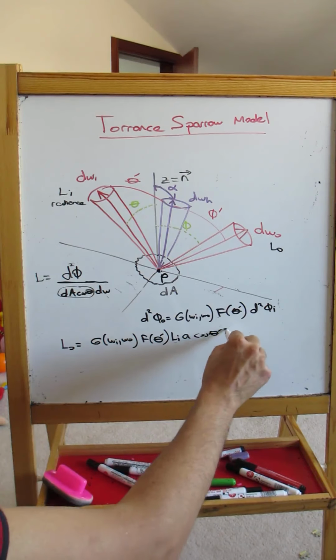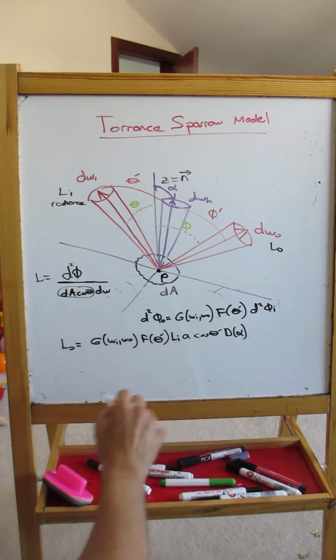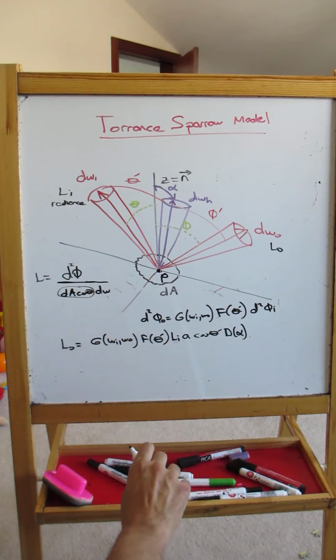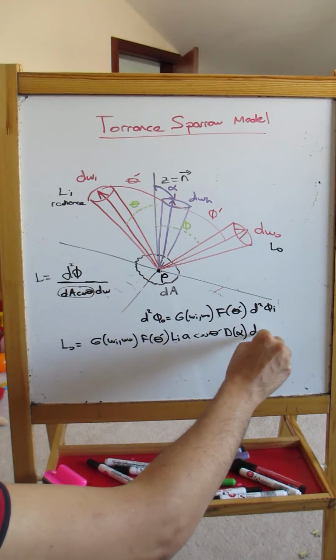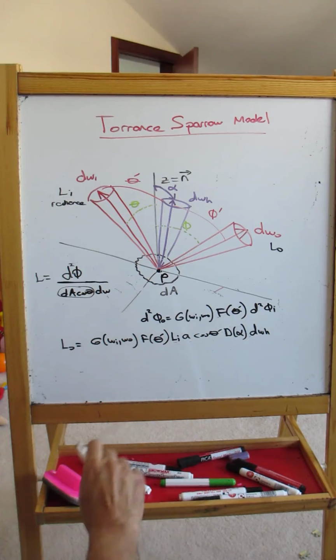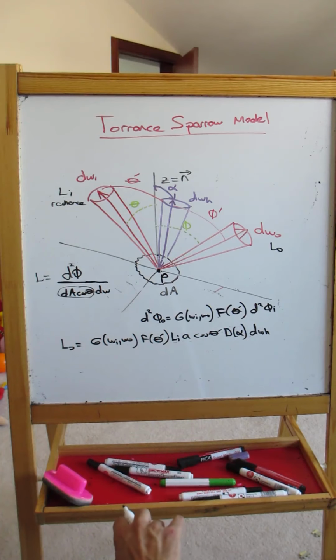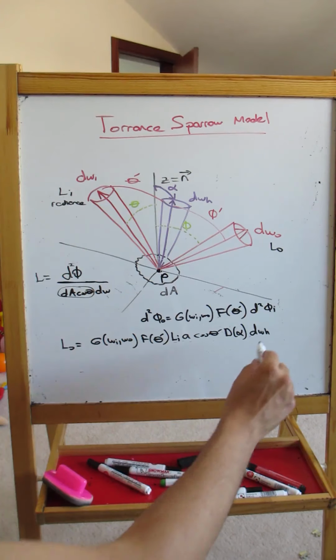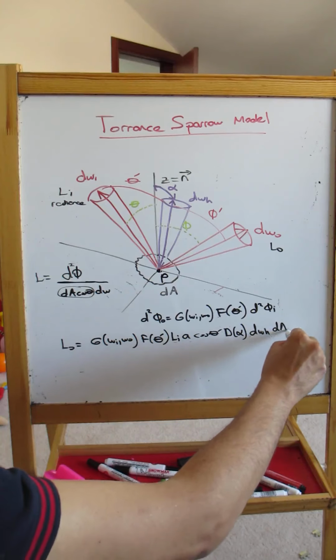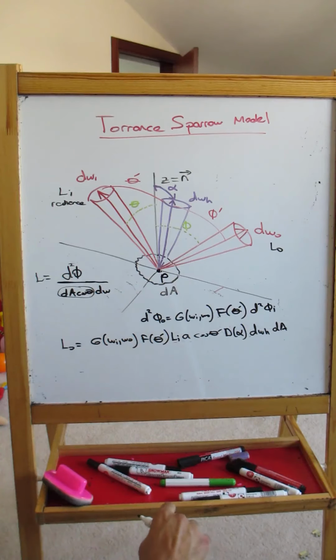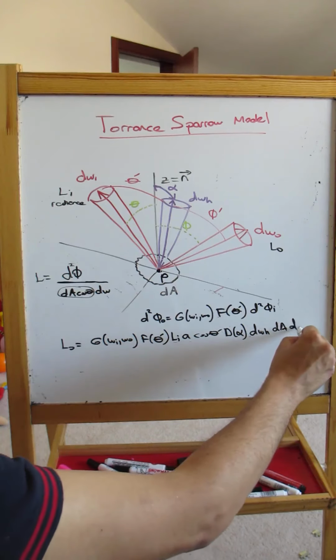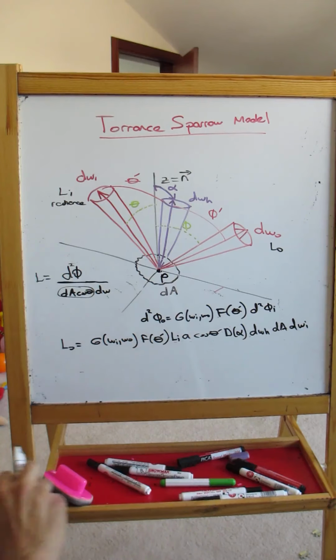We had d alpha, okay, and then we had dWh, dA, okay, and dWi. Okay, there are a lot of differential terms here.